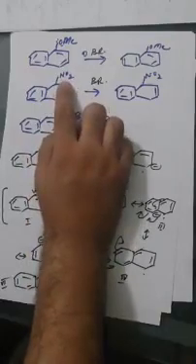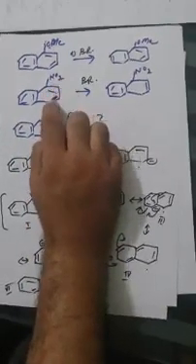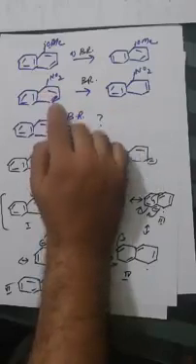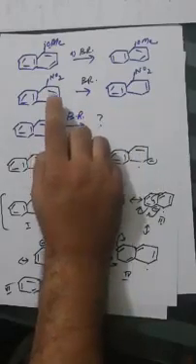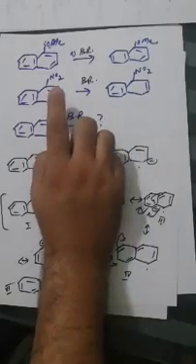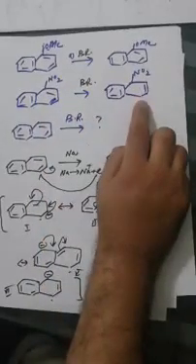Here a nitro group is present, so this ring is more deactivating. So the Birch reduction will take place here, so that's why I have drawn here.